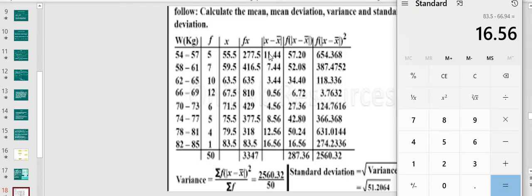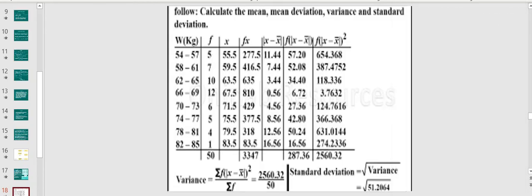We will one by one multiply each value of the mean deviation with its corresponding frequency. Each deviation score will be multiplied with its corresponding frequency.